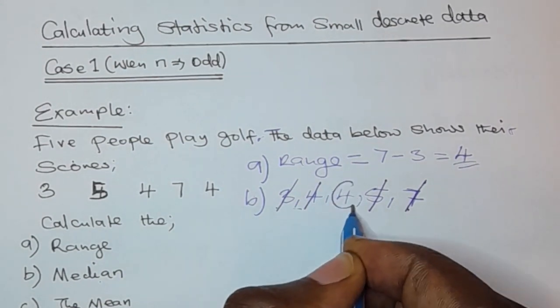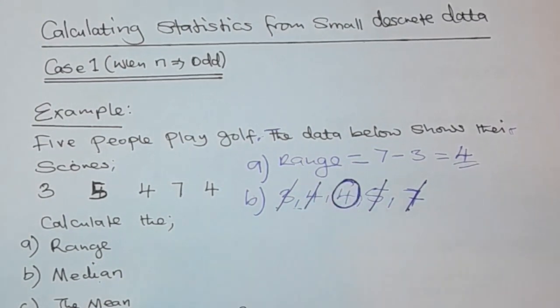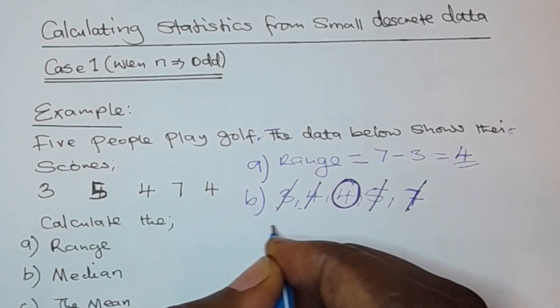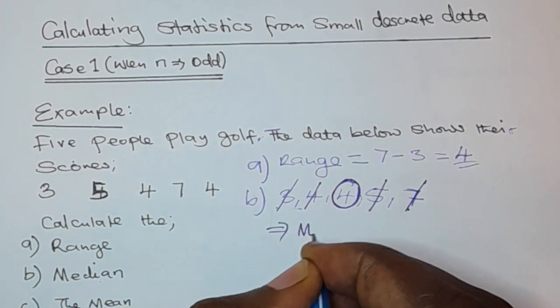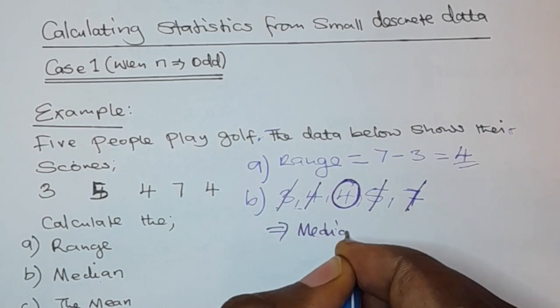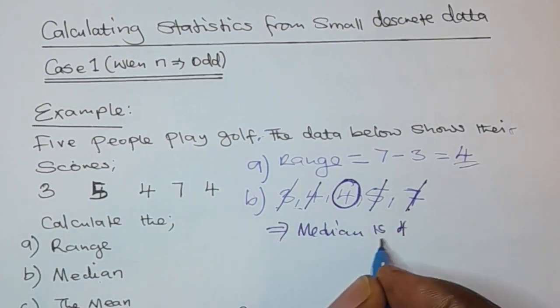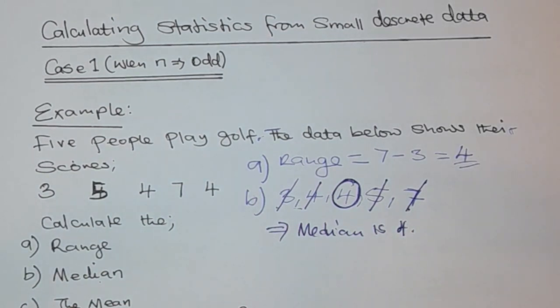The number that is remaining at the middle is the median. So the median is 4.